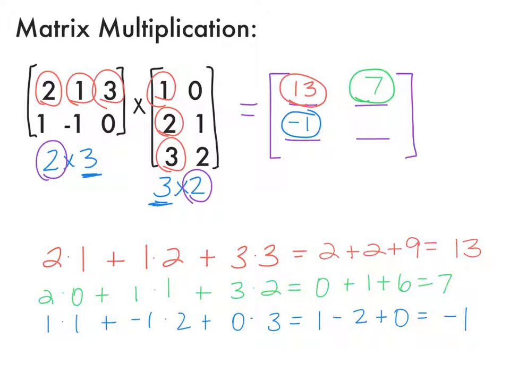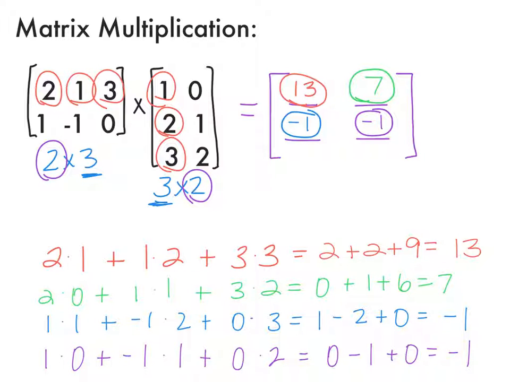Let's work that out. So that's going to be -1, and our last value that's going to go right here is going to be in the second row, second column, because it's in the second row here, second column here. Let's work that out. That's going to work out to be -1.